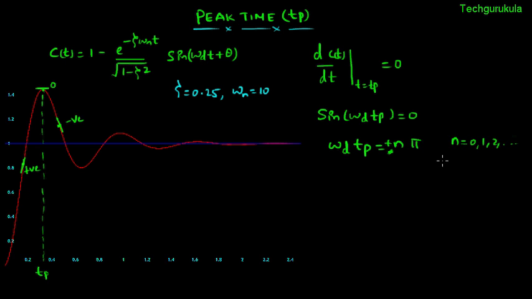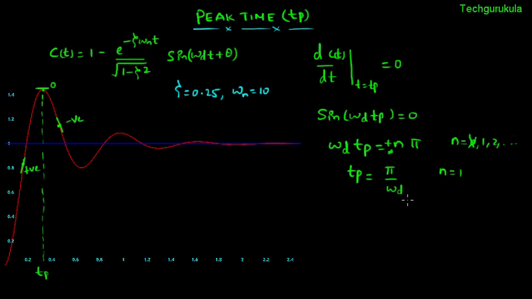And of course, it cannot take 0 because the time Tp is a finite value, which is non-zero, at which you have the peak value. So we cannot take 0 value. So now I can say Tp, the peak time, can be written as pi by omega d, which means I assumed n is equal to 1.